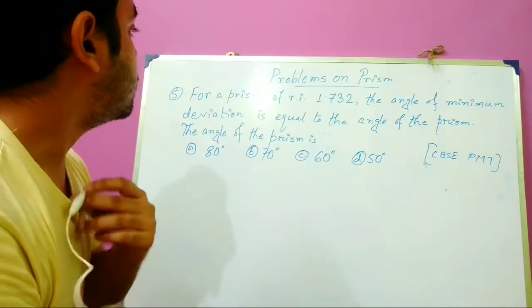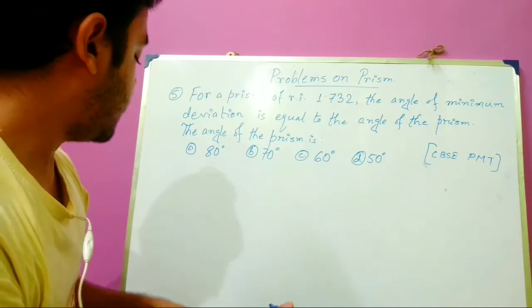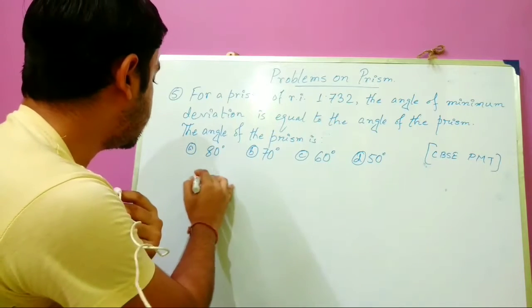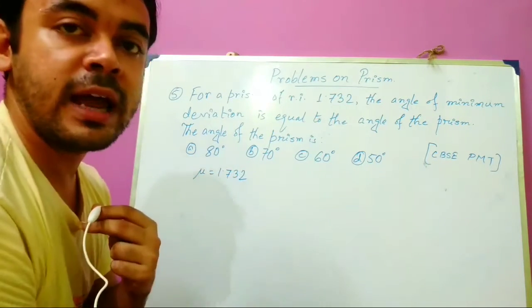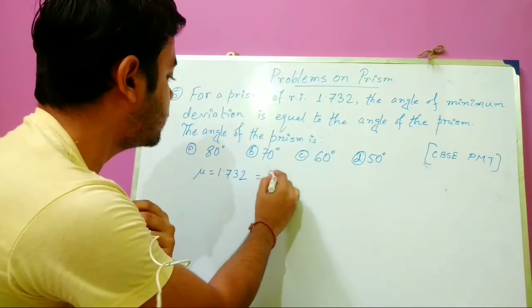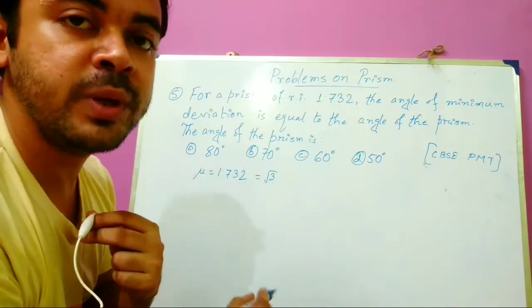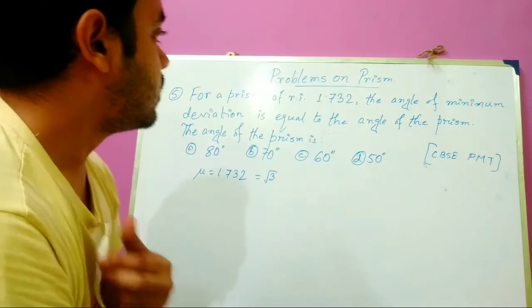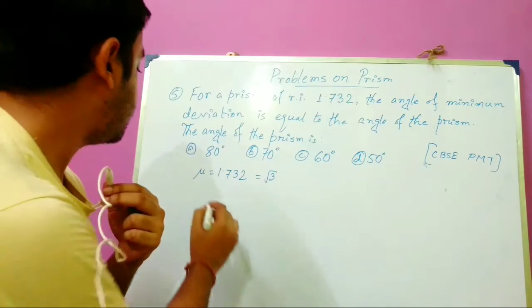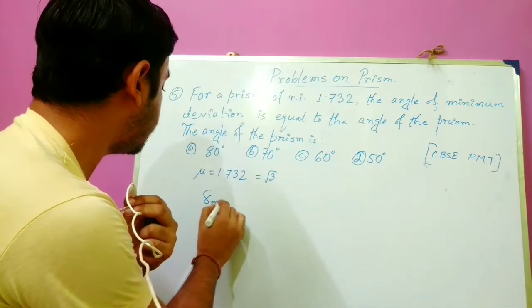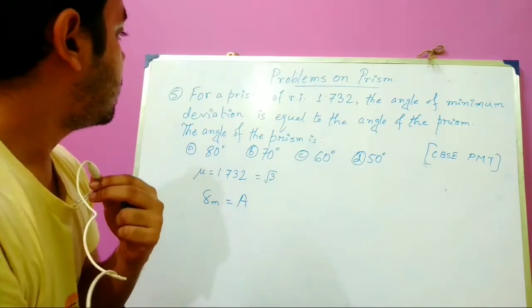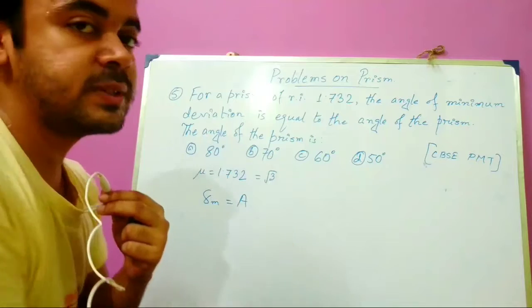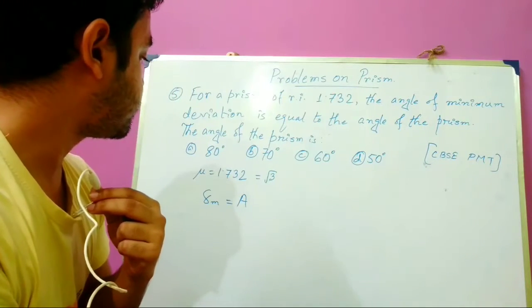Okay, now the refractive index of the prism is given as mu equal to 1.732 and this is the value of root 3. So mu equal to root 3. The angle of minimum deviation, delta m, is equal to the angle of the prism A. The angle of the prism is asked in the question.